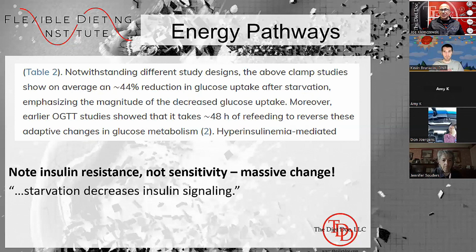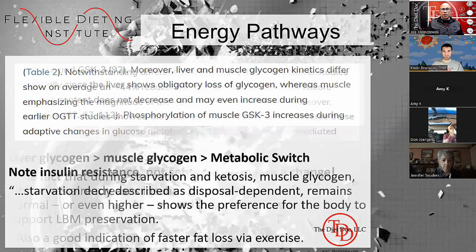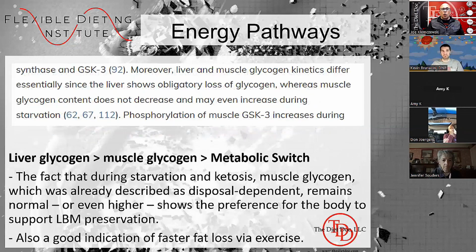So there is a point in time where your body is in that literal starvation mode, where you're losing the benefits, you're unduly suppressing your metabolism, and that insulin sensitivity will actually bite you in the butt. Moreover, liver and muscle glycogen kinetics differ essentially, since the liver shows obligatory loss of glycogen, whereas muscle glycogen content does not decrease and may even increase during starvation.